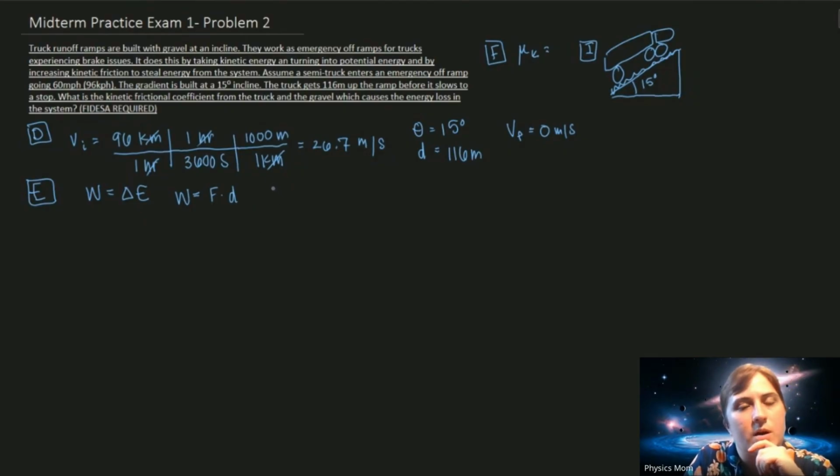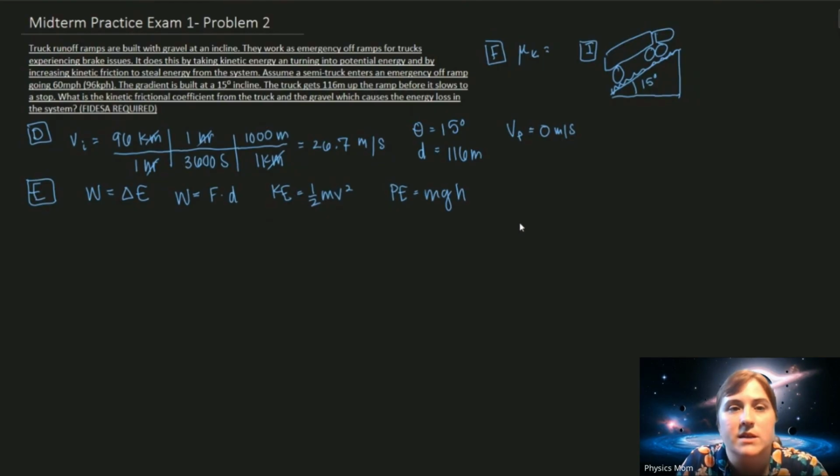And I know I'm going to want kinetic energy as equal to 1/2 mv squared, and potential energy as the mass, gravity times the height. And if I have kinetic frictional coefficient, I want the kinetic friction equation, mu k F n. And that should be about all the equations I think we are going to need for this.